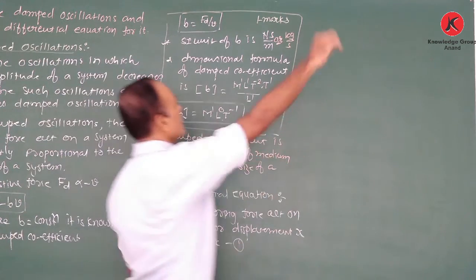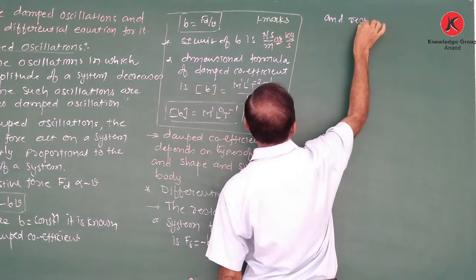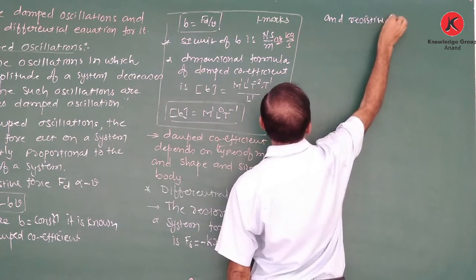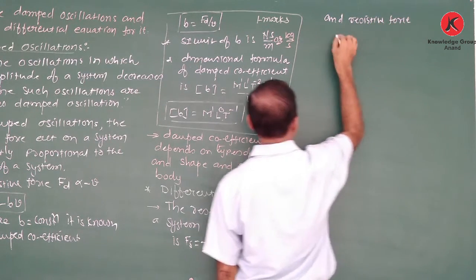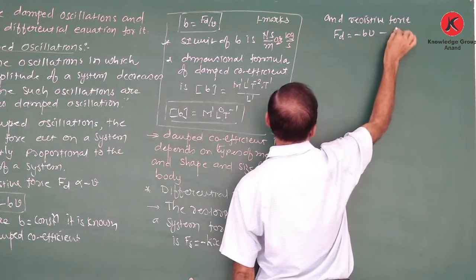And the resistive force Fd is equal to minus bv, equation 2.